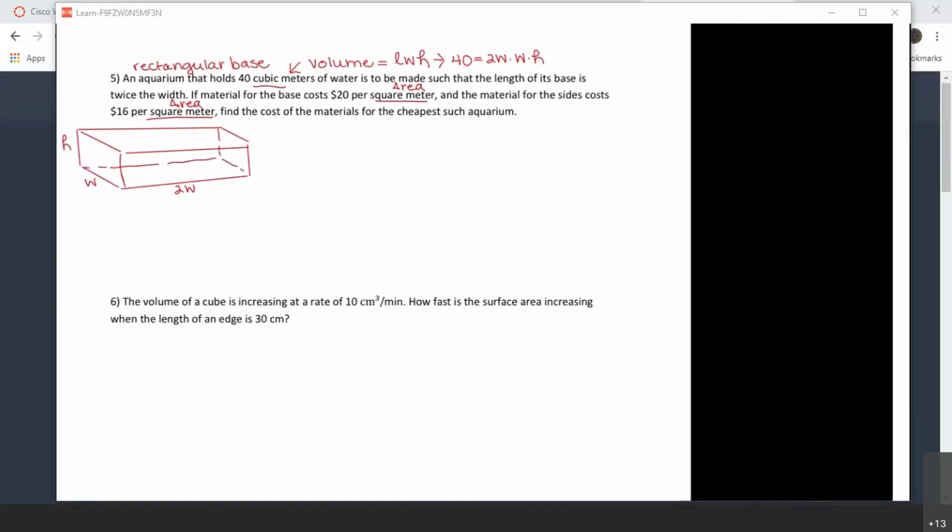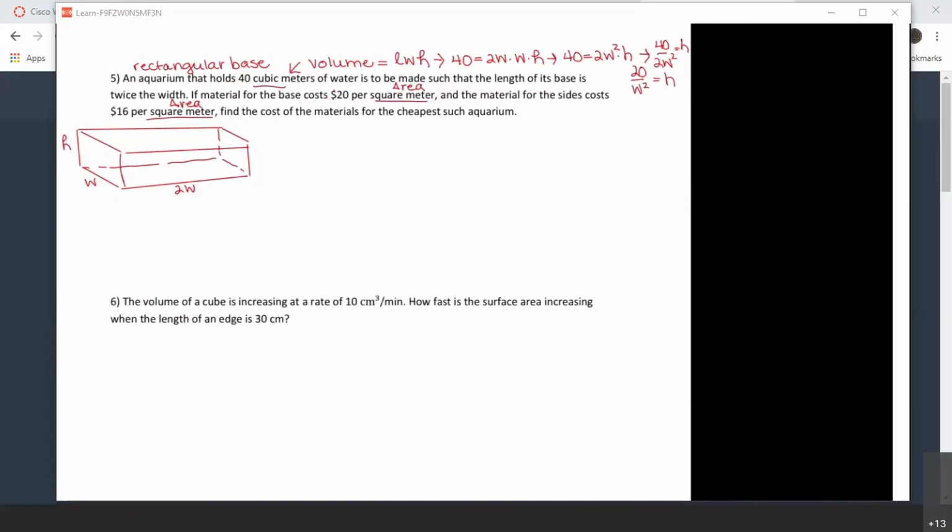So this becomes 40 equals 2W squared H. Now it's real easy to solve for H: 40 over 2W squared equals H. Divide out a 2: 20 over W squared equals H. Again, you've got to use what they give you to figure out what's missing.